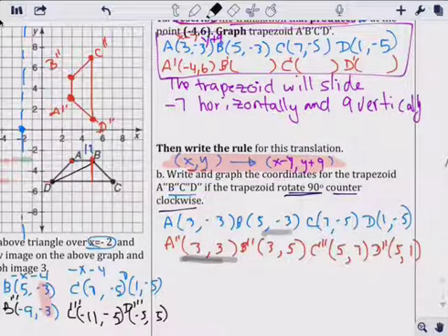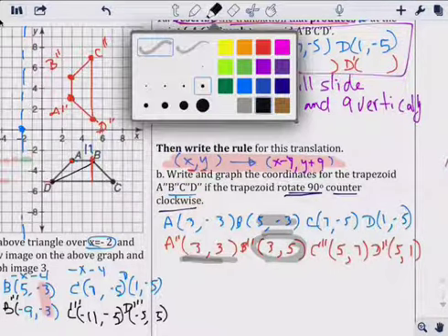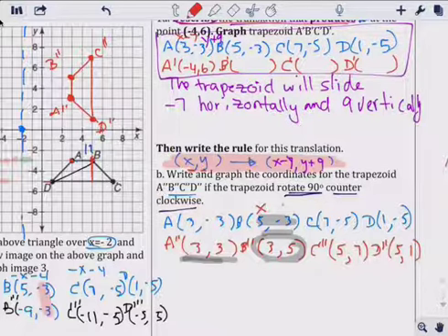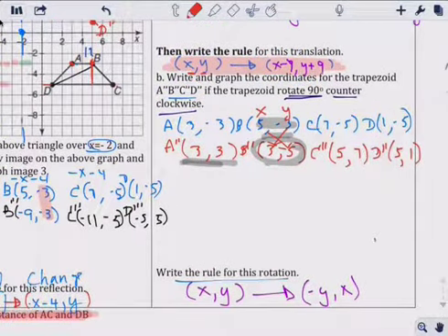Let's look at here. It looked like the numbers switched, and this is your X, this is your Y. Your Y becomes here, your X becomes here. So that's why we switched the X and Y from our original. It was a negative, it became a positive, so the Y became its opposite.